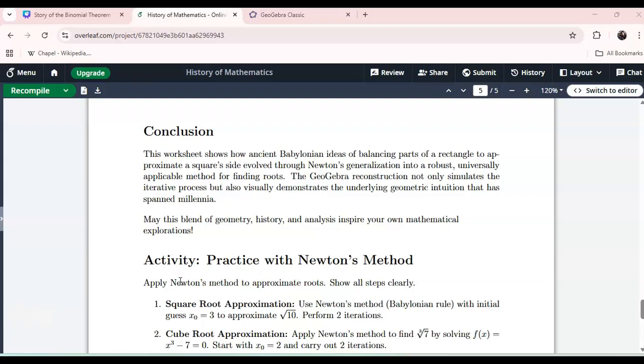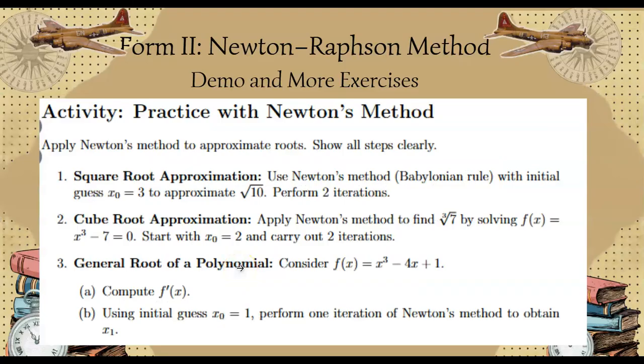May this blend of geometry, history, and analysis inspire your own mathematical explorations. And finally, for a constructive approach to learning, please select and solve 1 out of 3 activity items here in your seats. Take the time to show your solution process and be ready to share your reasoning with the class.